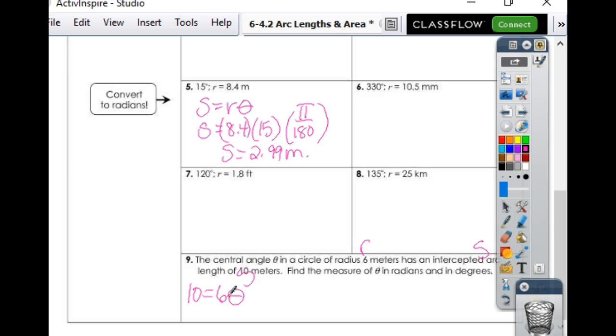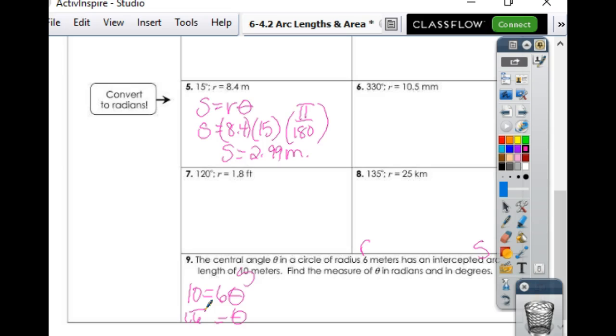So when you divide this, what do we get? Okay, so that is in radians, 1.6 repeating.